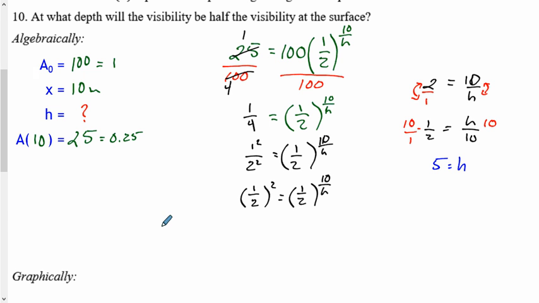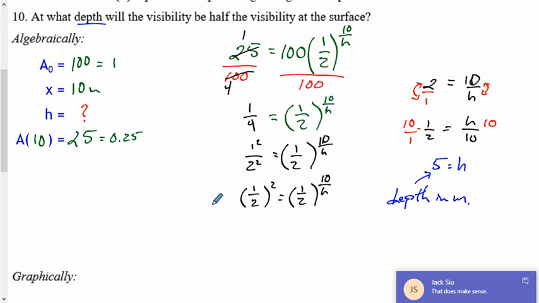So let's think again, what does this 5 mean? The question was, at what depth? And so this is a depth in meters. So that's an important bit of information that we can generalize to say that these two pieces of information need to have the same units.